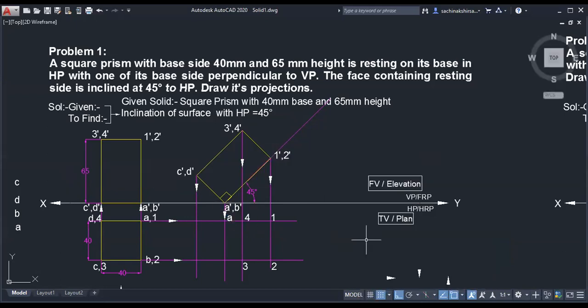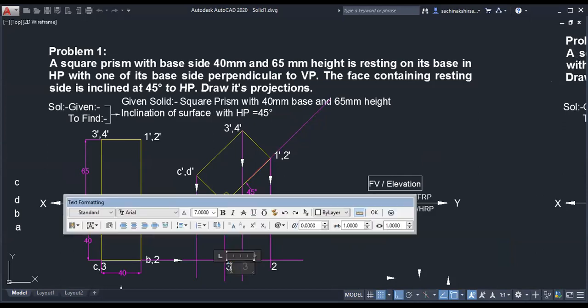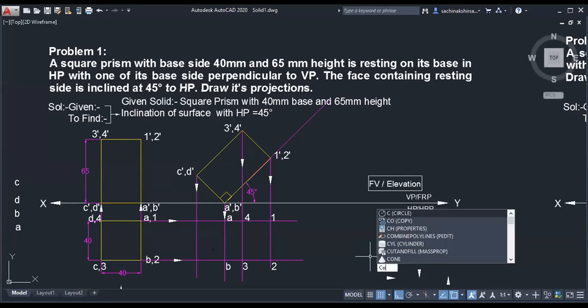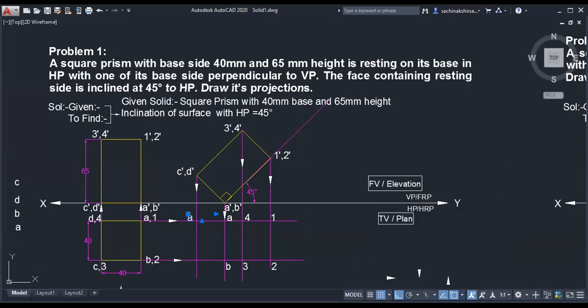Then point B. Point B. Point D. Extreme left.